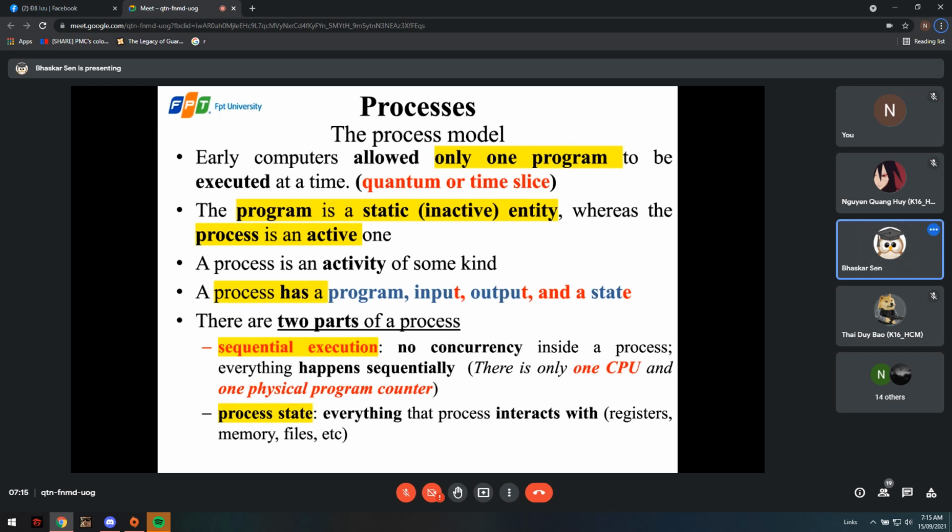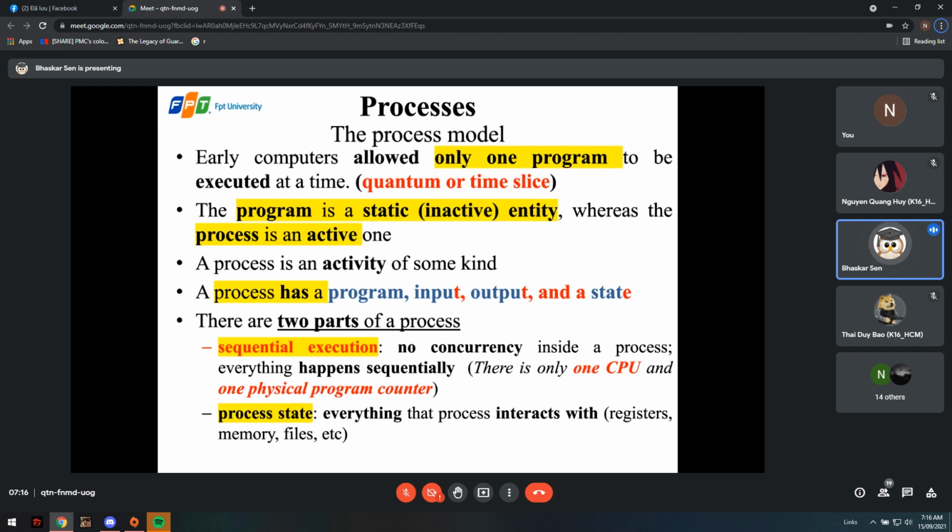And when it comes to the implementation of the process, we have two parts, the most important being the second part that you can see, process state. Everything this process interacts with, registers, the memory, the files, etc., during its runtime, is what we call the process state.